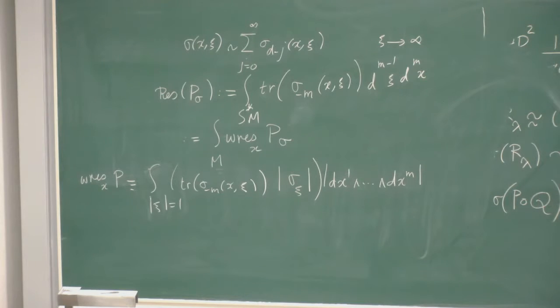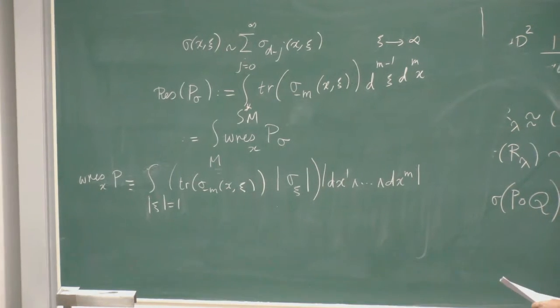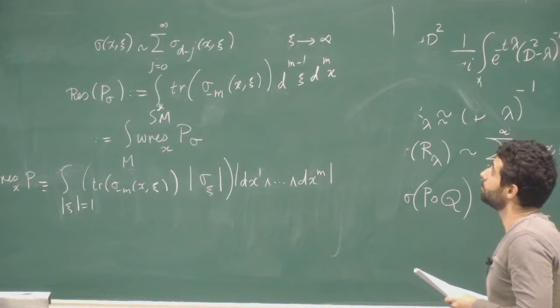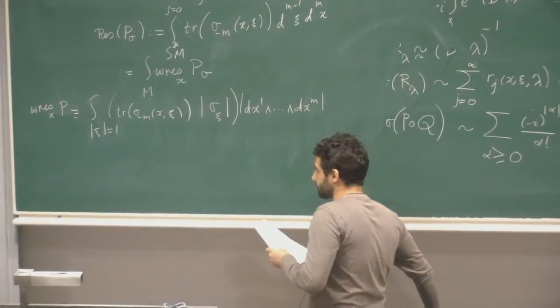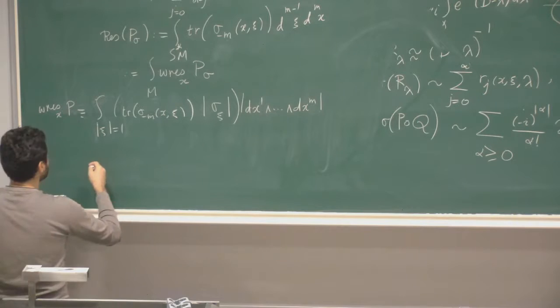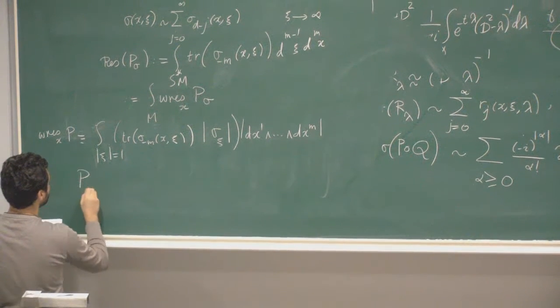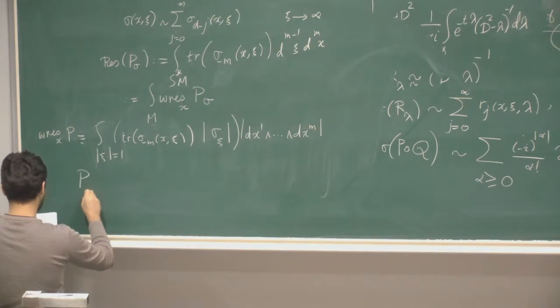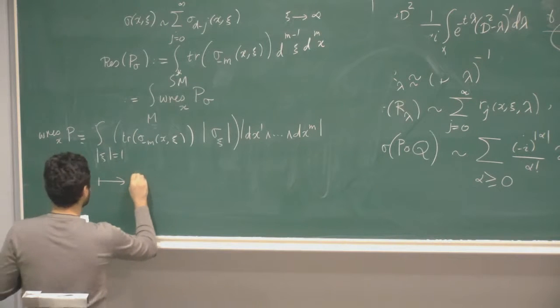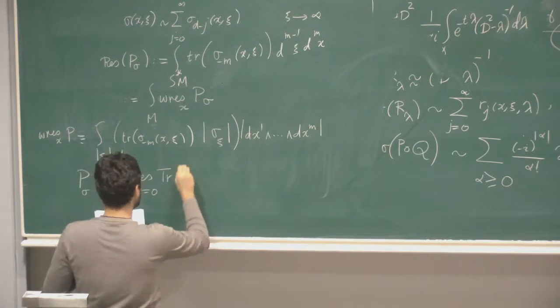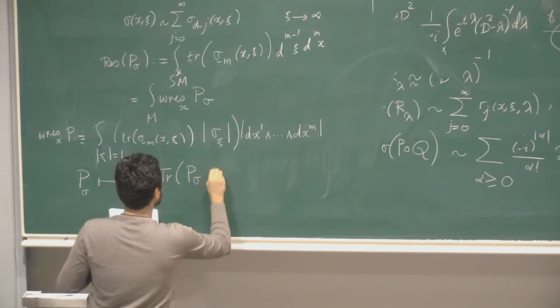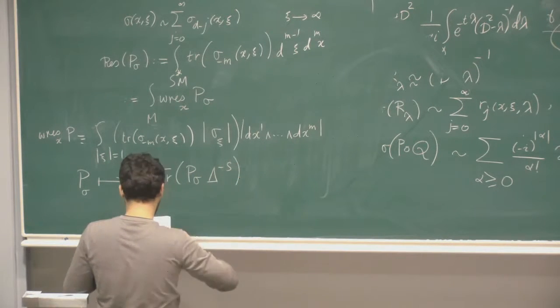There is an alternative definition for the Wojcicki residue. You can pick any Laplacian delta and send p sigma to the residue at s equal to 0 of the trace of p sigma Laplacian to the power minus s.